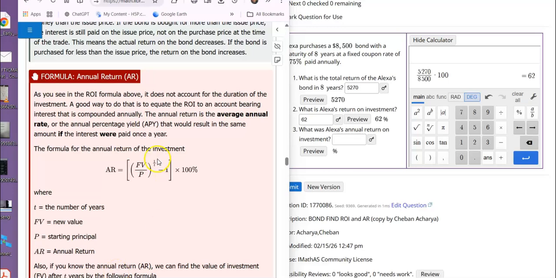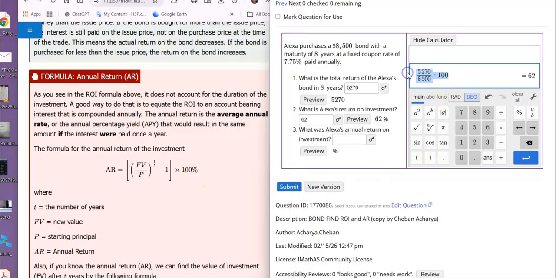This is the formula for annual return of the investment, AR: future value divided by P, to the power 1 over T, minus 1, and you multiply everything by 100 to get the percent. Inside the bracket first, future value divided by principal, which is the investment, to the power 1 over T, minus 1.